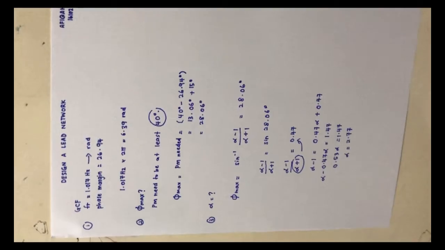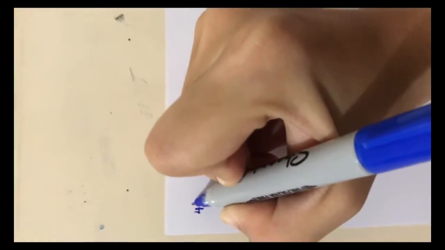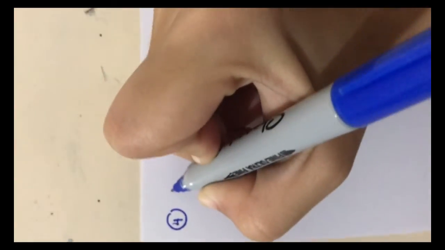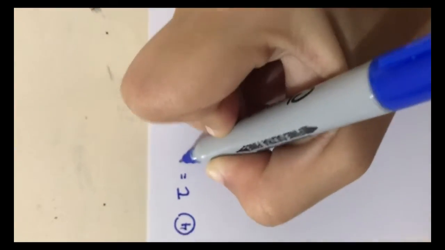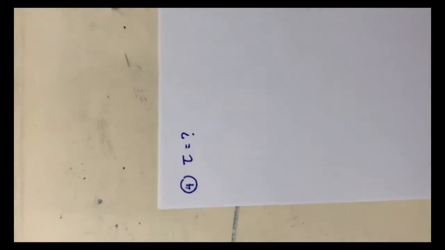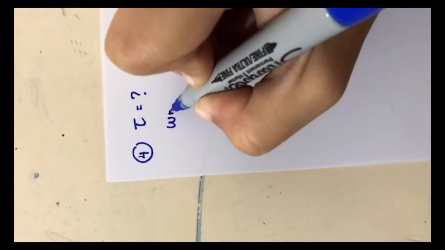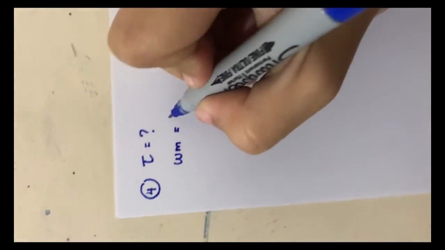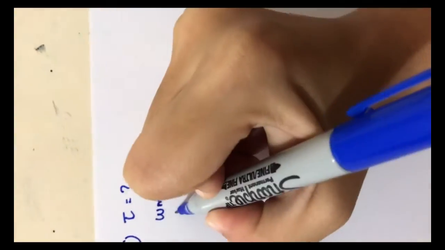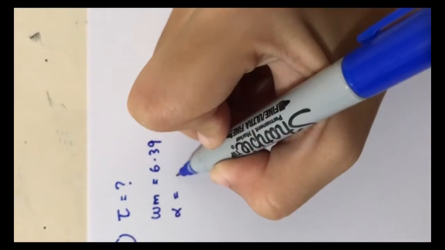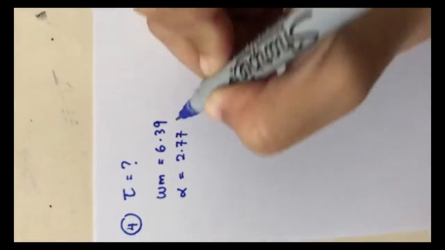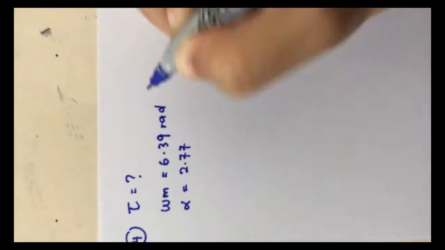Now that we've already calculated alpha, the next step is to calculate the value for tau. Let's first list back the values that we've previously obtained: omega m is 6.39, and alpha equals 2.77. This is in radian.